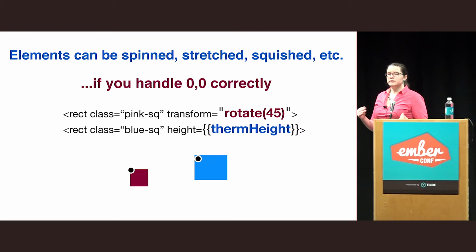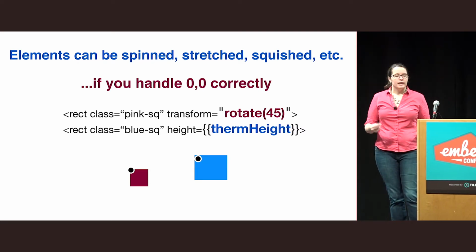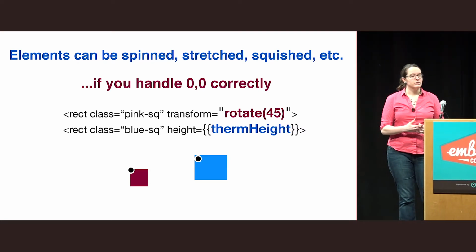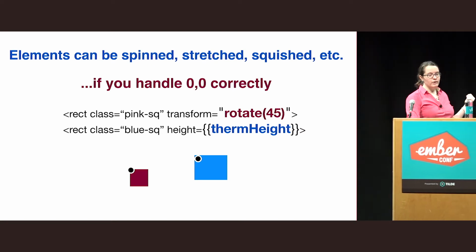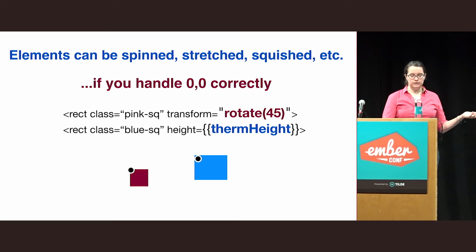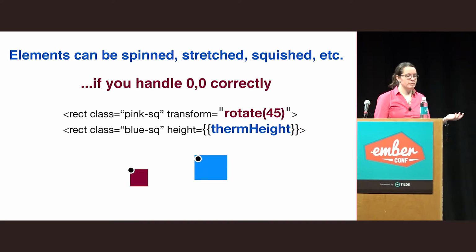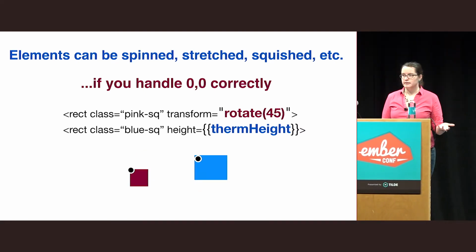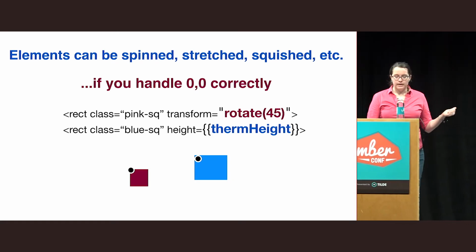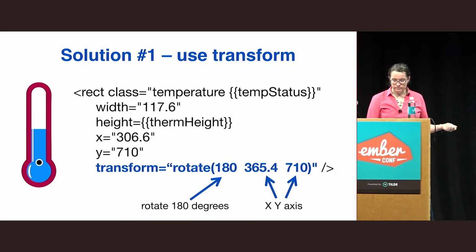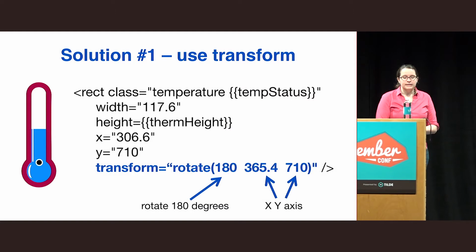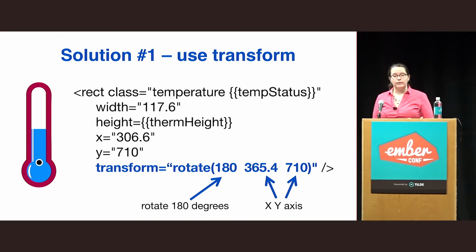So when 0, 0 is in the top left corner, it really affects what your animation looks like. Here's the default behavior of a rotation. And this is the default behavior of changing the height. But we can do something about this. To fix this problem, I used a transform.